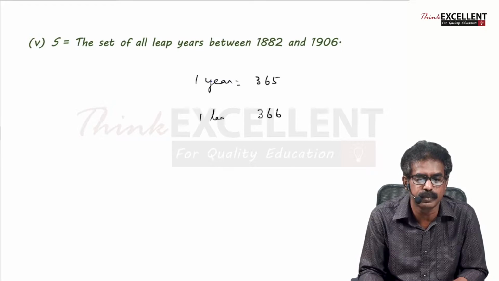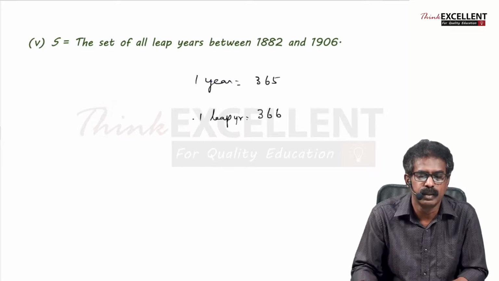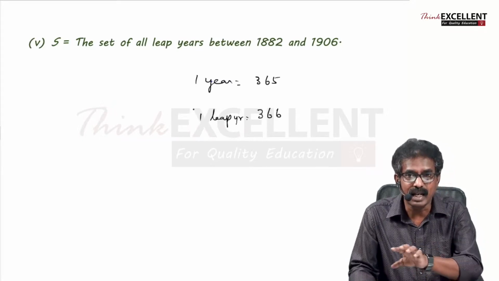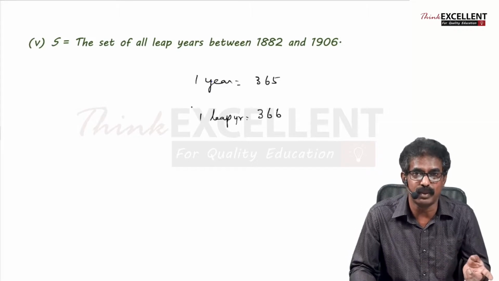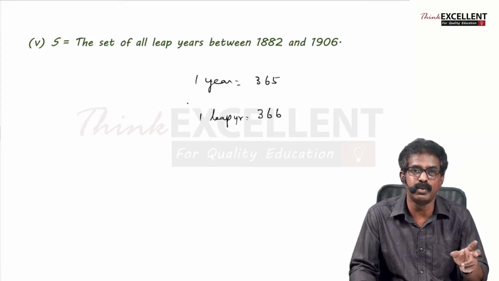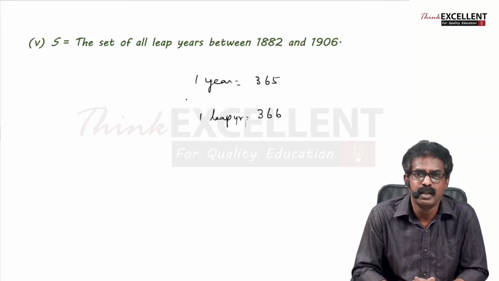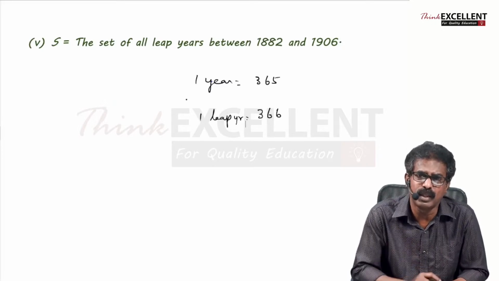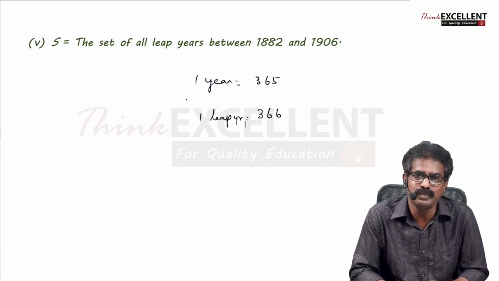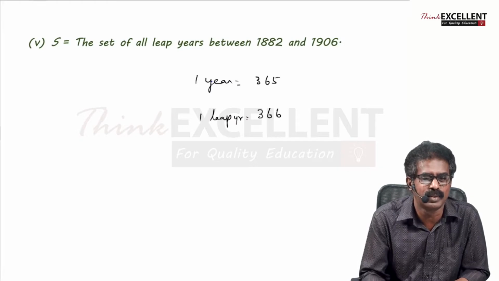In a leap year, 1 day is extra, and we accommodate that day in February. So for that particular year, February contains 29 days. Now can you tell me how we get that 1 extra day? Some of you have studied it, right?